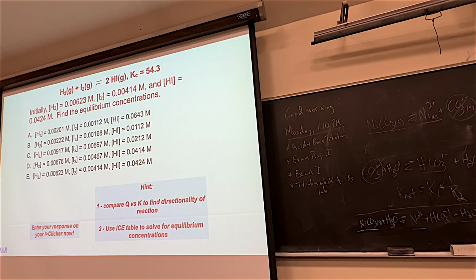And we have initial concentrations of H2, I2, and HI, and the question is to find the equilibrium concentrations once everything is settled. And there are all these 5 different values.